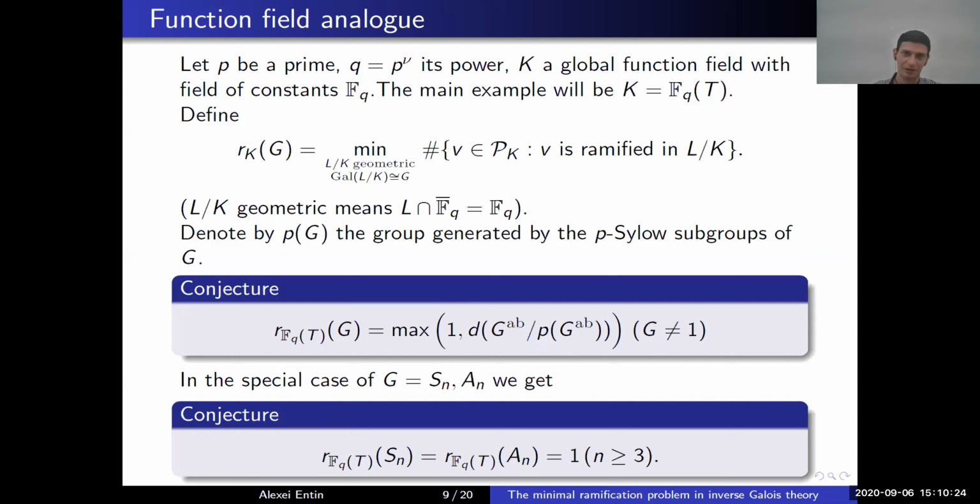Yes, so we need to eliminate the P part because even in the abelian case, we can have a P part with huge rank, which can be obtained with just ramification at a single place. This is a phenomenon related to characteristic P, obviously. But in the special cases of Sn and An, we just get the same conjecture as over Q. Okay, so the conjecture is that we can realize Sn and An with one ramified prime.